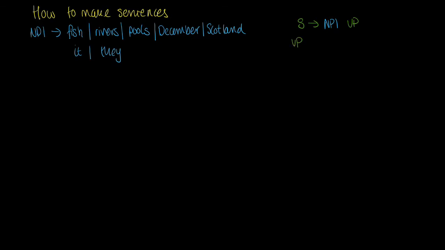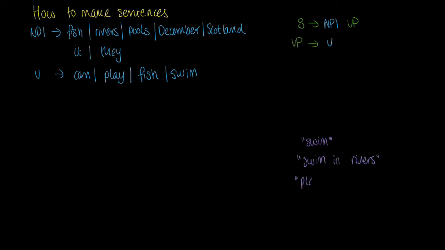A verb phrase can be something simple like swim. So we can say a verb phrase is just a verb. For verbs like can, play, fish, or swim. But verb phrases can also be more complicated things, like swim in rivers or play on grass.